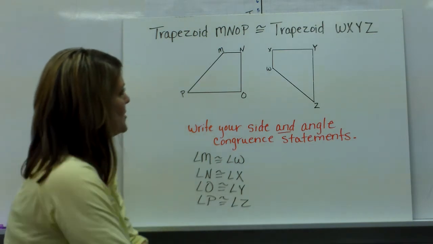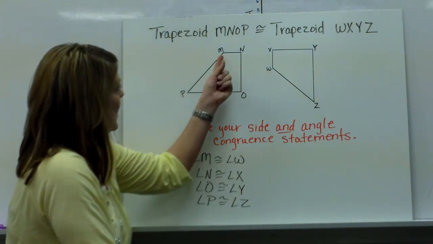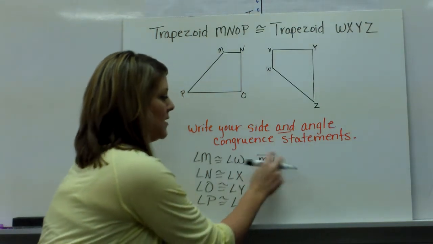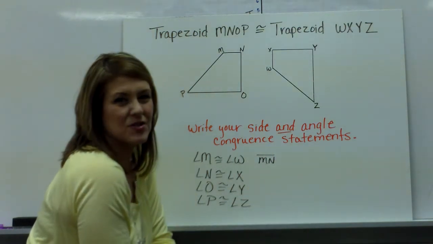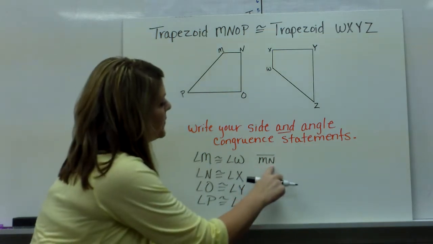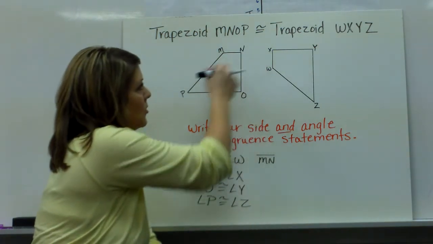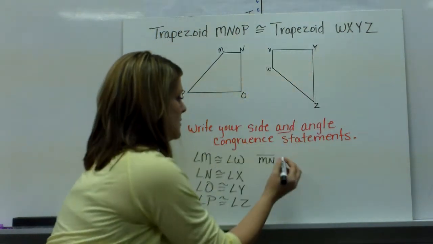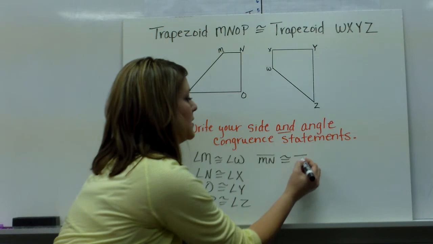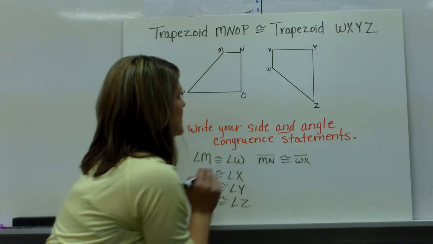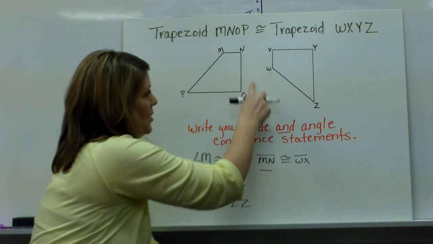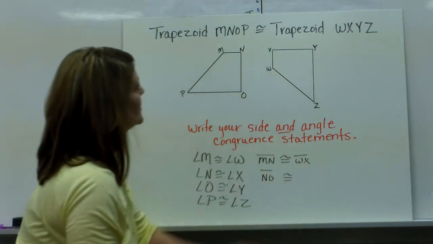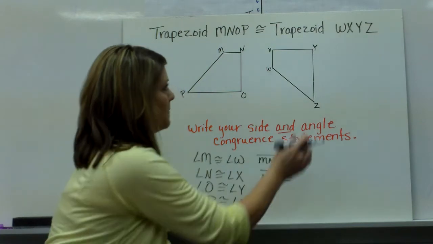Okay, now let's look at our sides. We have side MN, and we put a little segment bar over there because it really is just a line segment. So side MN is going to correspond, and if you notice in the name, MN, WX, it's congruent to WX. Side NO is going to be congruent to side XY.